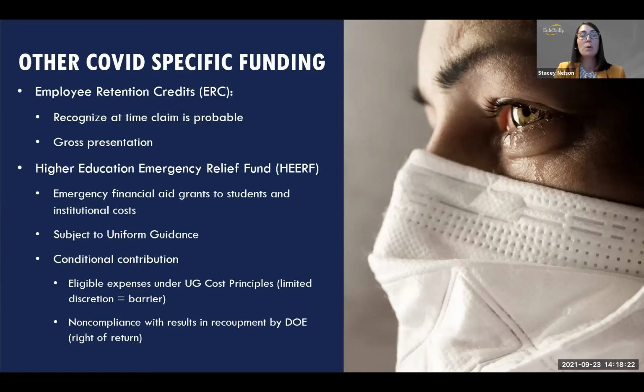Non-compliance with those could result in recoupment by the Department of Education. So again, you've got your barrier and right of return. Those would be considered conditional. And as we just talked about, those conditions would likely lead you to believe that they are also restricted funds. But if you are electing that simultaneous release option, you would be able to report those as revenues without donor restrictions.